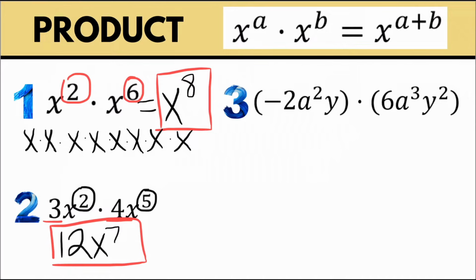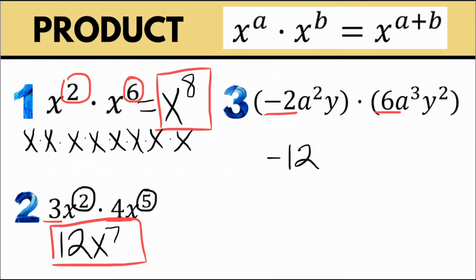Number 3, negative 2a squared y times 6a cubed y squared. Ooh, this one has more than one variable, but the concept is still the same. I only add exponents for like bases, meaning only add the exponents of variables if they're the same. So I'm going to multiply the coefficients first. Negative 2 times 6 is negative 12. Then I'm going to look at the a.